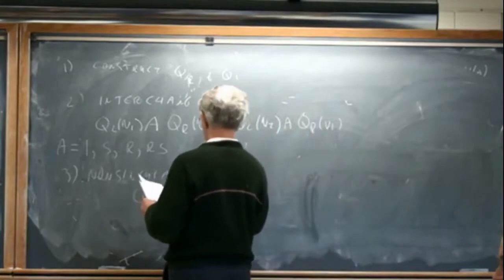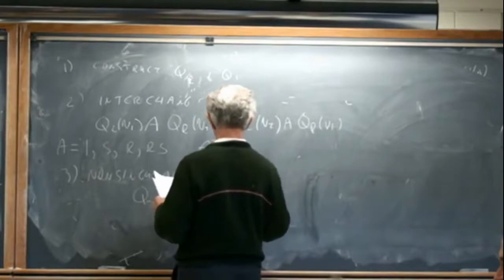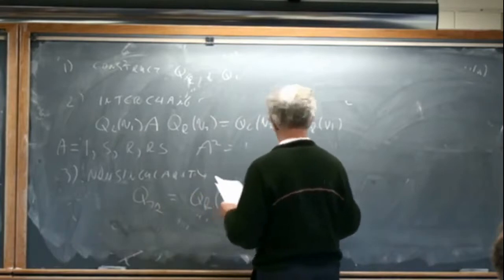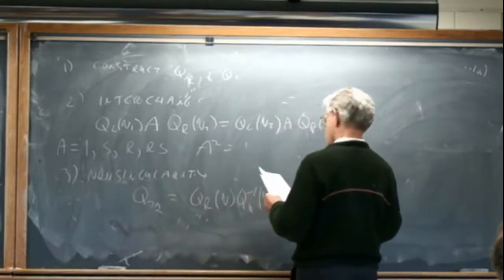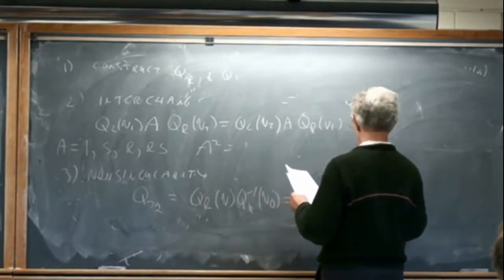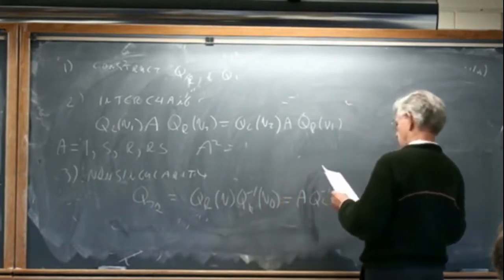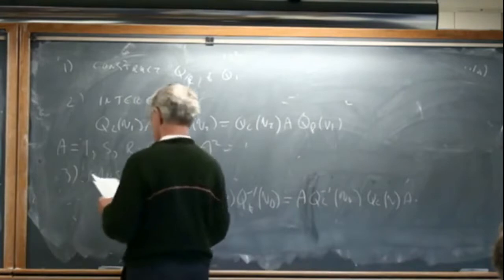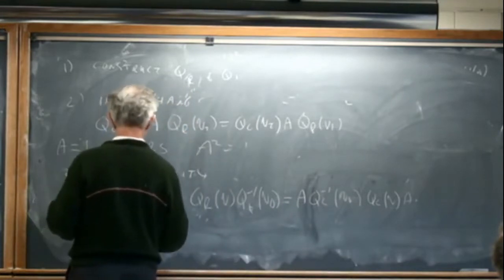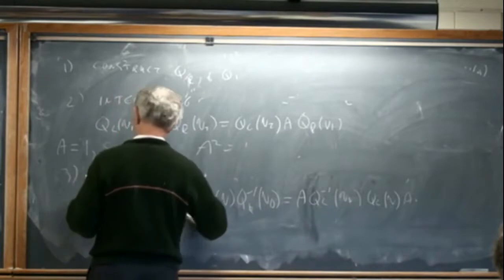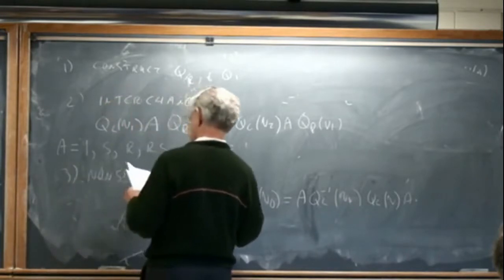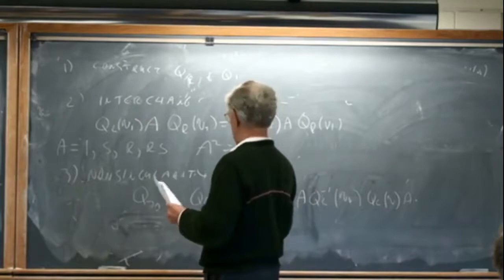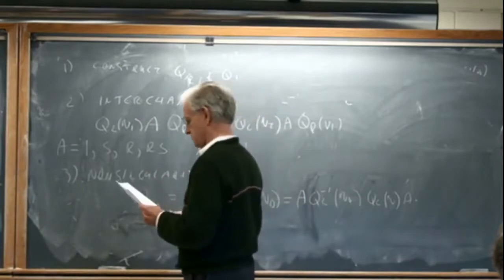It can be written as QR V minus 1 R at some point, which is also equal to A QL minus 1 0 QL A. And we will also find that this holds when we multiply by it on both sides.